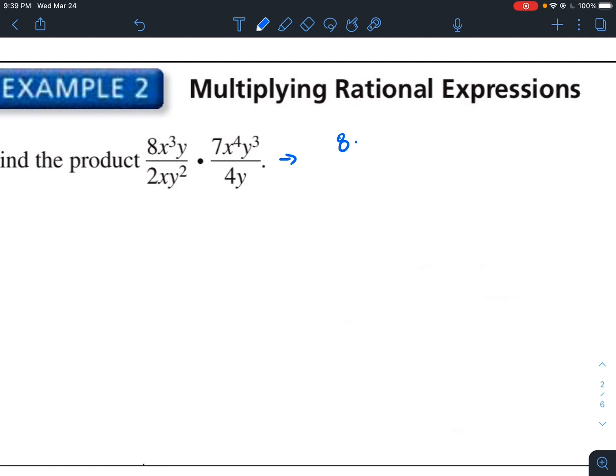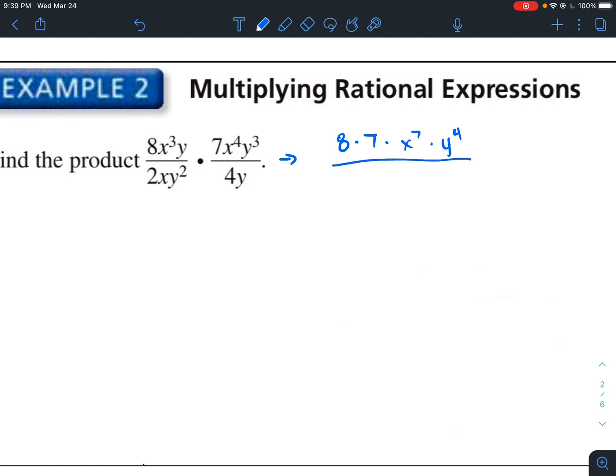So I'll just do 8 times 7, and then times x to the 7th times y to the 4th. Because we're multiplying these, we're just going to add the exponents. So here's 3, here's 4, so that's 7. This has exponents of 1 and 3, so we add those to get 4.